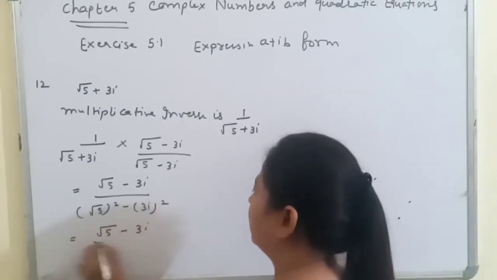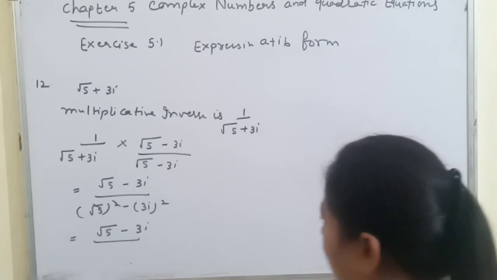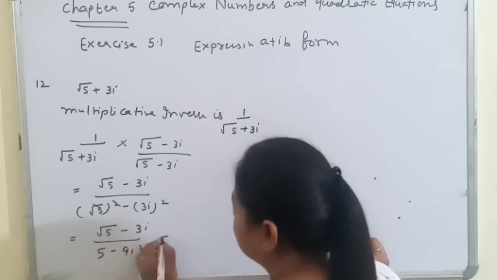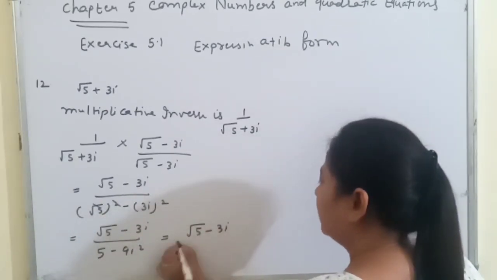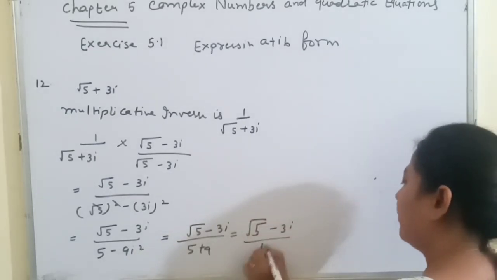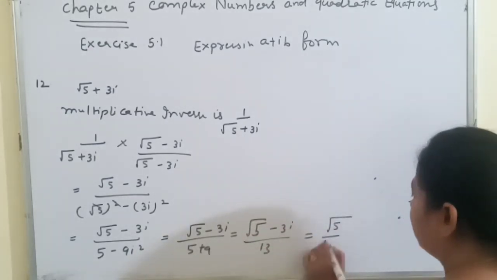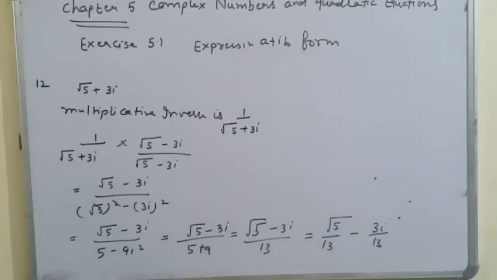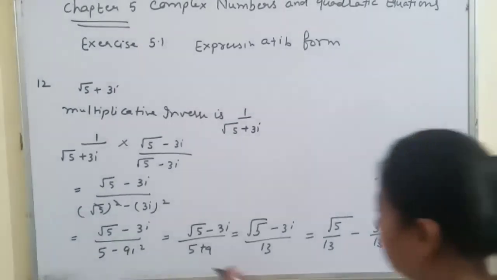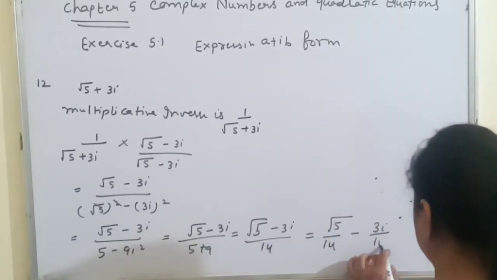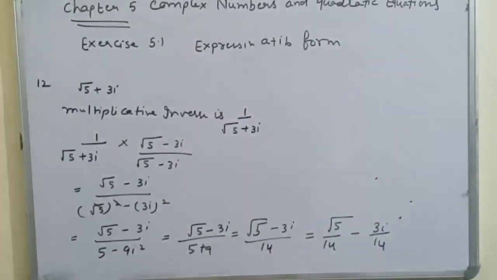Root 5 squared is 5, minus 9 iota square, this is 5 plus 9, so root 5 minus 3 iota upon 14, so root 5 upon 14 minus 3 iota upon 14. Sorry, 5 plus 9 is 14. Now this was the result for question 12.